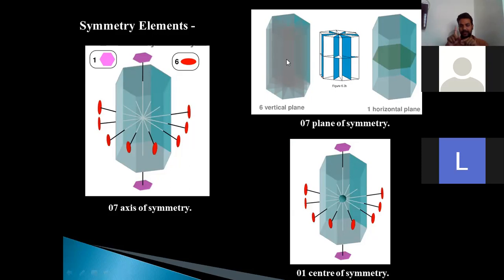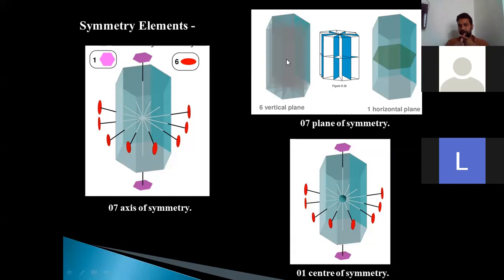So it is very clear that if you hold the crystal along the vertical axis and rotate the crystal, there will be a repetition of the phase. There will be a 6 times repetition of the referred phase. But if you hold the crystal along the two-fold axis, then there will be a repetition for 2 times along that axis.